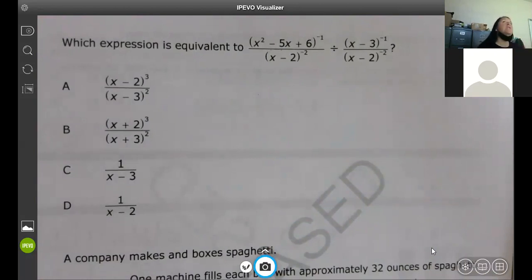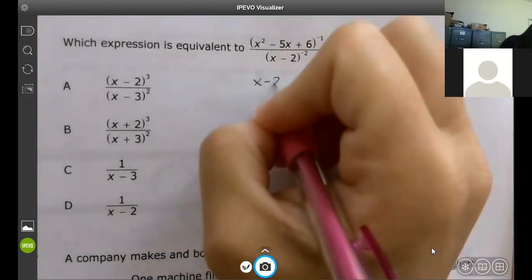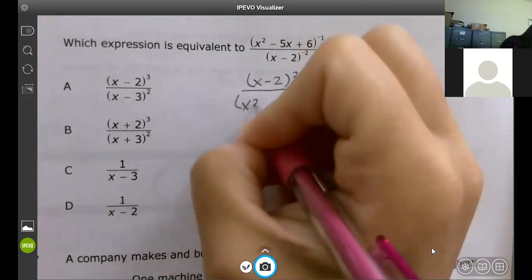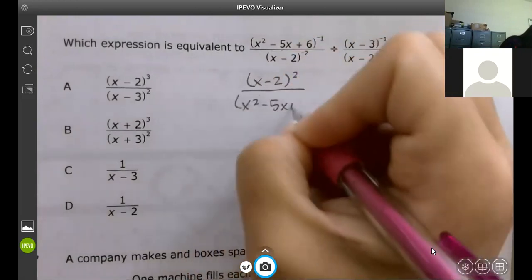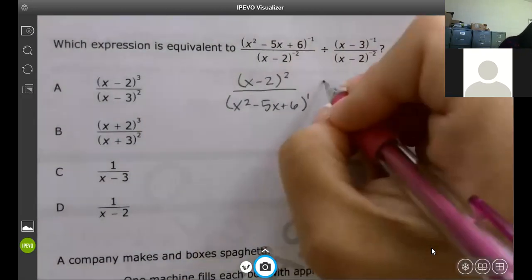So first thing that you're gonna do is any negative exponents you wanna change, so you just flip them. So this is just a matter of changing this to x minus 2 to a positive 2, x squared minus 5x plus 6 to a positive 1, which it doesn't matter.